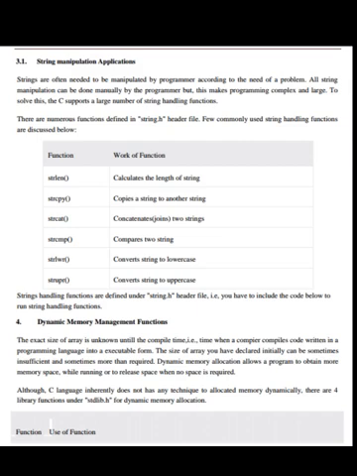Dynamic memory allocation allows a program to obtain more memory space while running or to release space when no space is required. Although the C language inherently does not have any technique to allocate memory dynamically, there are 4 library functions under stdlib.h for dynamic memory allocation.